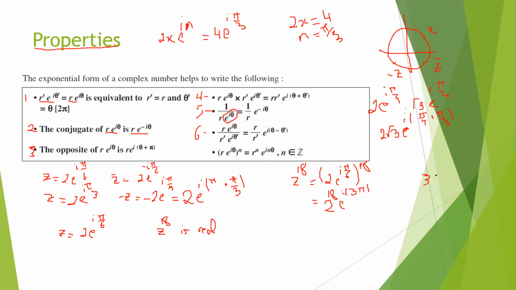It is 2 pi plus pi, right? Now 2 pi is one complete turn, so we remove it. We are left with pi. So the argument of z to the power 18 is pi, and whenever the argument is pi, z is real.